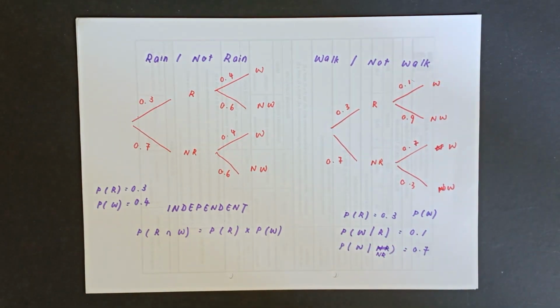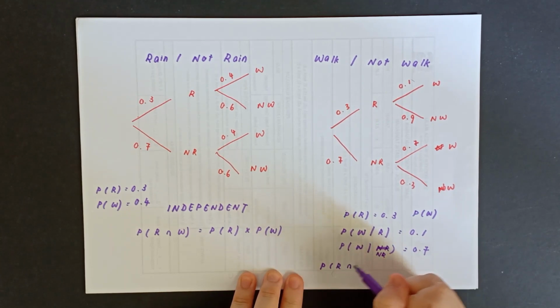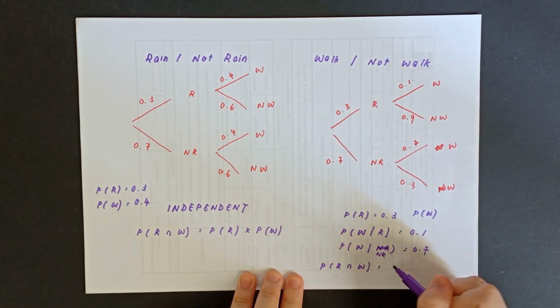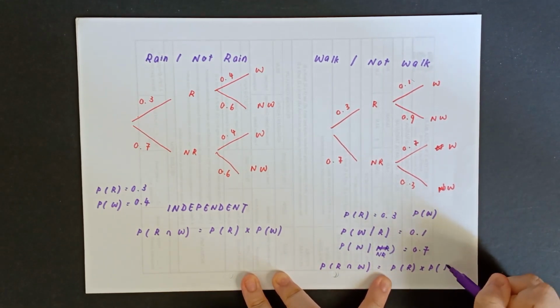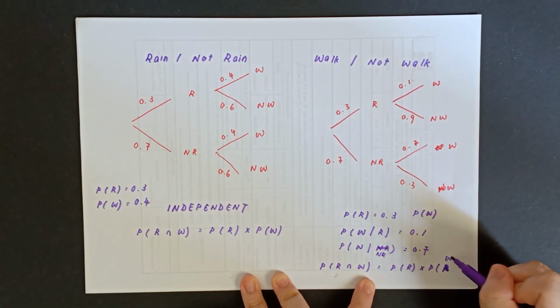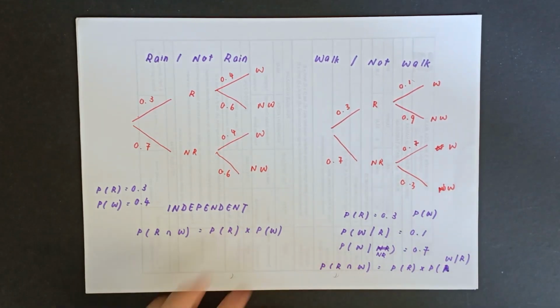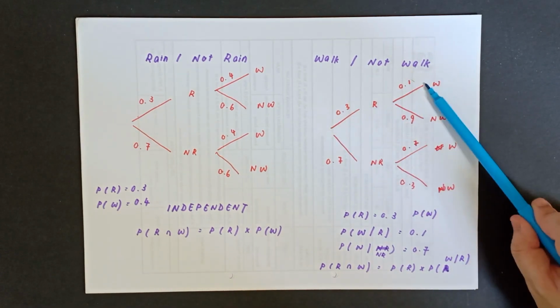So you see, a lot of the multiplication that you are doing is actually the probability for R and W to happen. It will be equal to P(R) times P(W given R). I'm not sure you realize this or not. If I want to find the probability for it to rain and I walk to school, you will do 0.3 times 0.1.